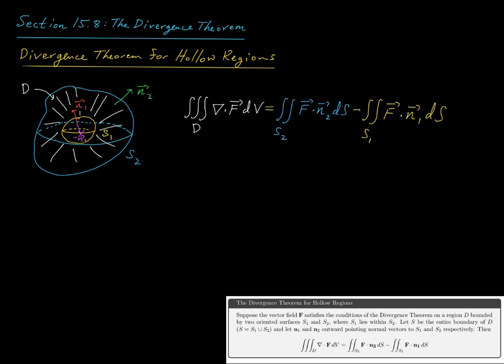You can think about taking this negative and moving it inside, considering the normal direction minus N1, so now we're thinking about inward flux as opposed to outward flux.